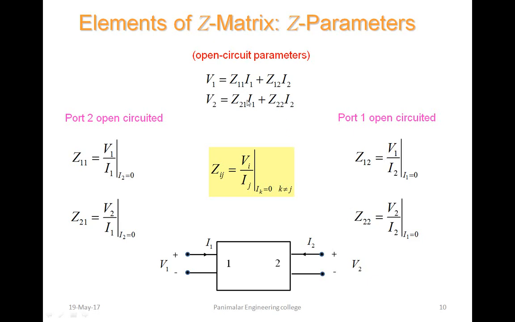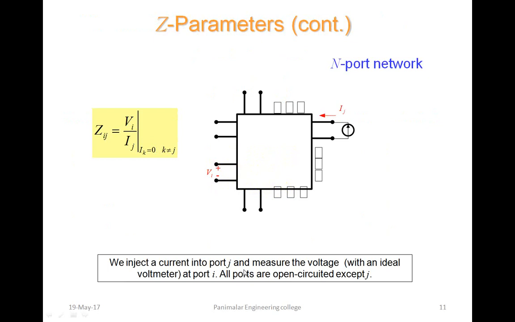From the second expression, Z22 is taken as V2 by I2, where the current at port 1, I1, is 0. So this is a simple analysis for Z parameters under open circuit. And if this has to be done for an N-port network, then the corresponding port which is under open circuit has to be mentioned.